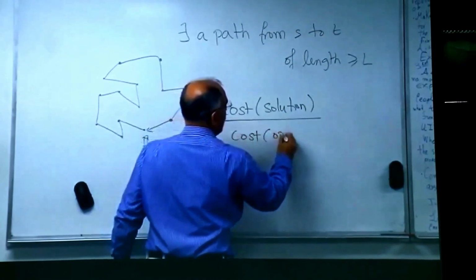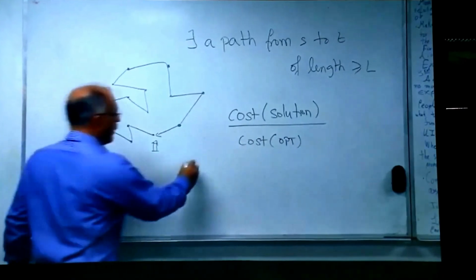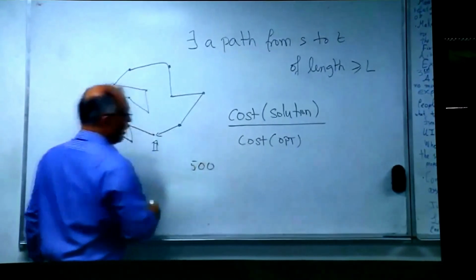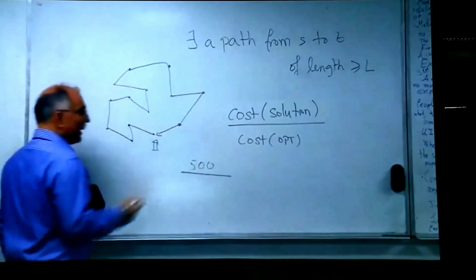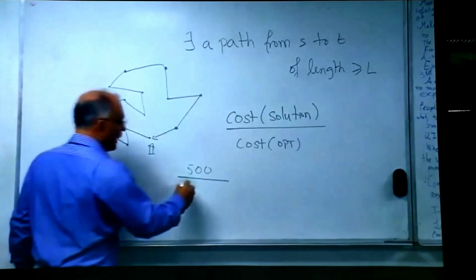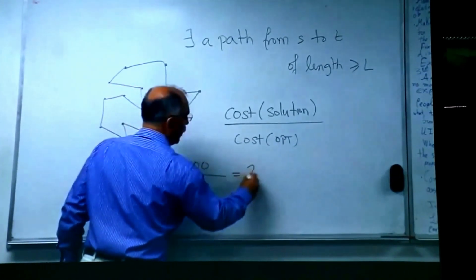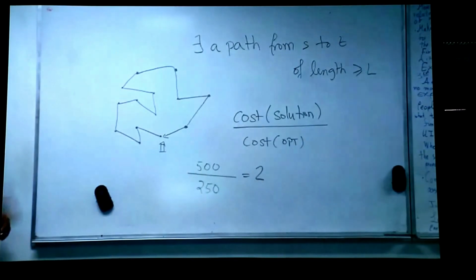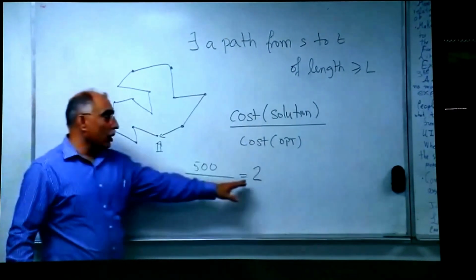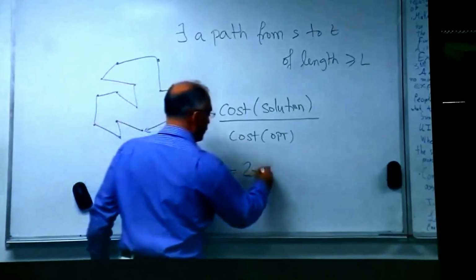Okay? So in other words, suppose I come up with some heuristic and the cost of the solution is 500, and somehow for that instance we know what the optimum solution is, and let's say the optimum solution has cost 250, then we would say the ratio between the cost of the solution and the cost of the optimum solution is the measure for the quality of the solution, and so we would call this a factor 2 approximation.